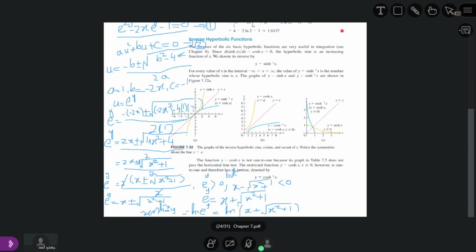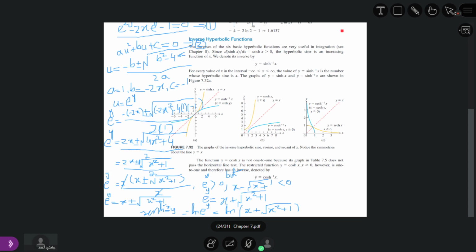We have the method. We have to do it step by step. In the first step, we suppose let y is equal to sine hyperbolic inverse x.